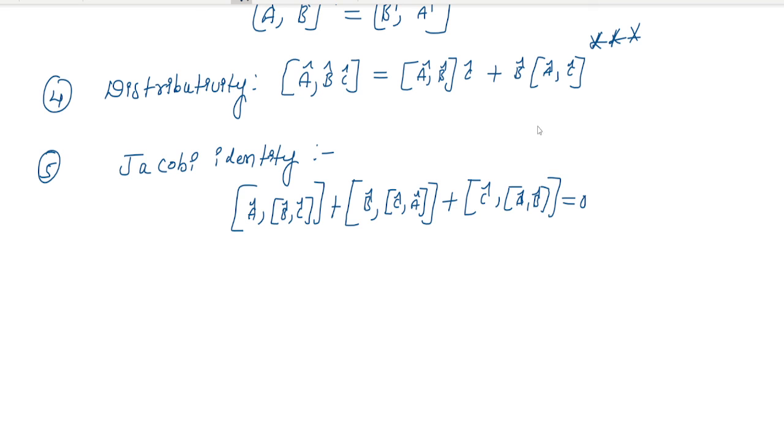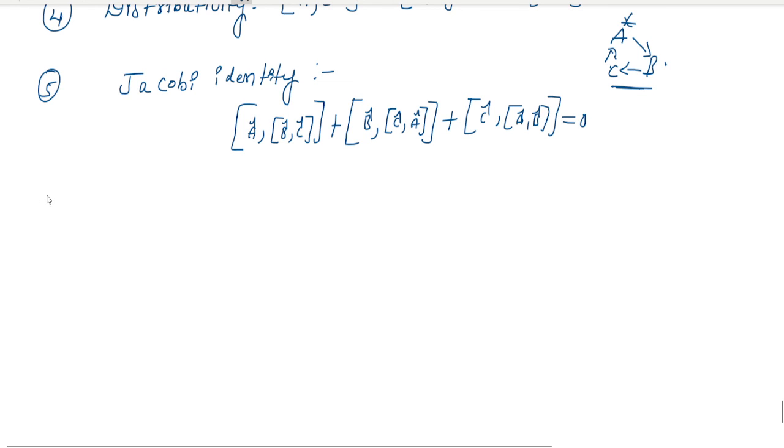This is the Jacobi identity. So A, B, C are there. If you fix A, you get bracket BC. If you fix B, you get bracket CA. If you fix C, you get bracket AB. This is the sequence. Don't miss this sequence. Then only can we call this the Jacobi identity.